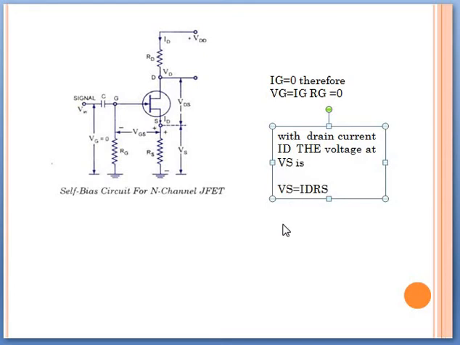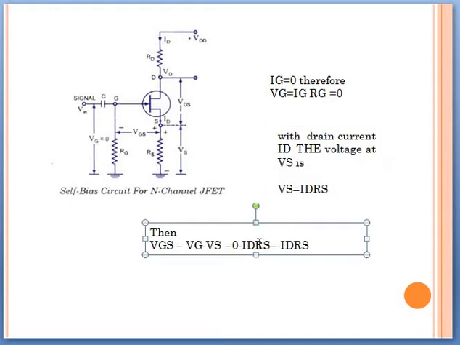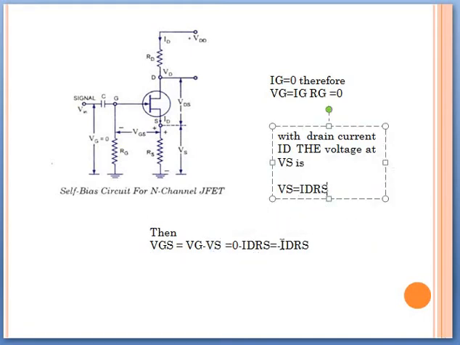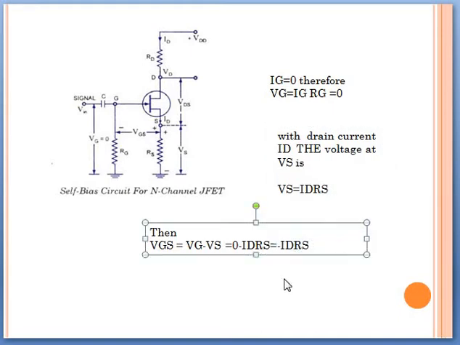Then we have to calculate VGS to plot the graph. So VGS is equal to VG minus VS, where VG is always 0 and VS is IDRS, so VGS equals minus IDRS.